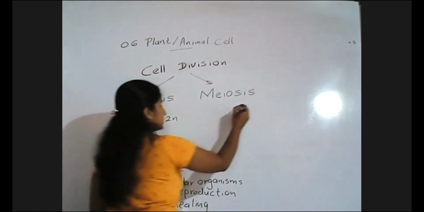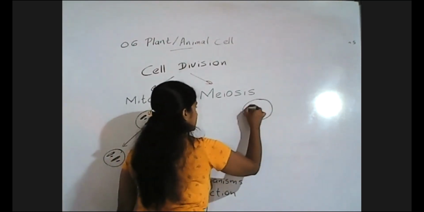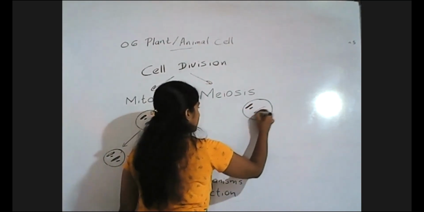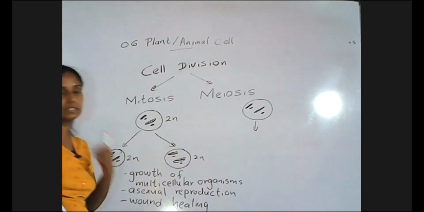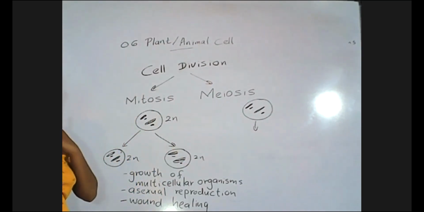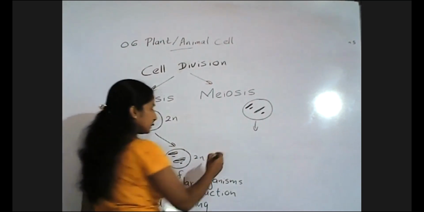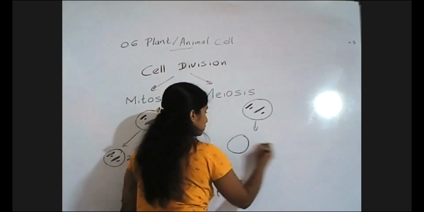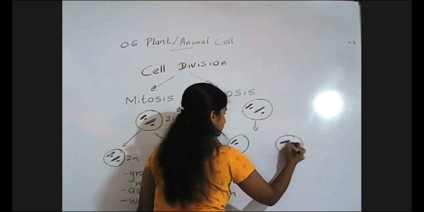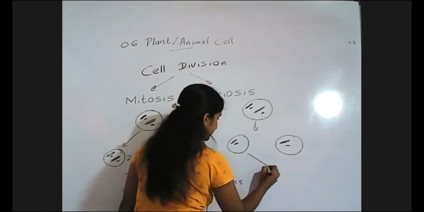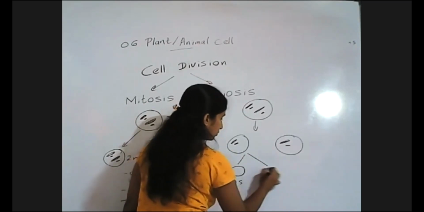In meiosis, from the existing cell, how many cells does it form? 4 other cells. But first it divides into 2, and again it divides into other 2 cells.